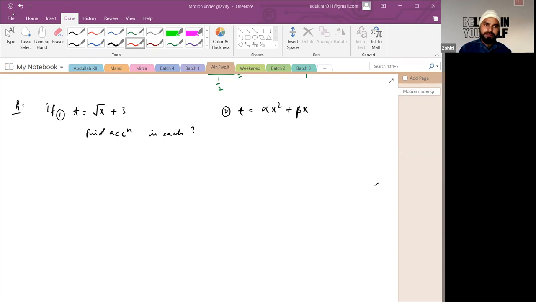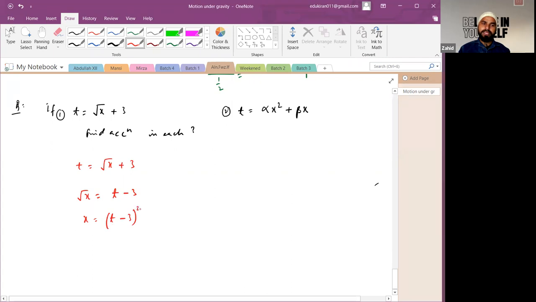So on rearranging, t is equal to root of x plus 3. Move 3 to the other side. So you will get root x equals t minus 3. Here we have a square root, so squaring both sides, you will get t minus 3 whole square.